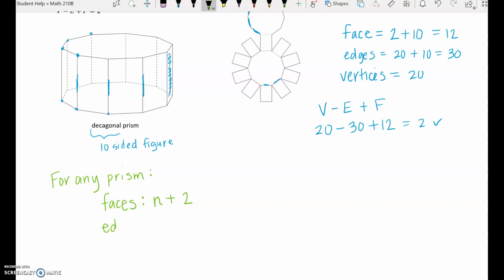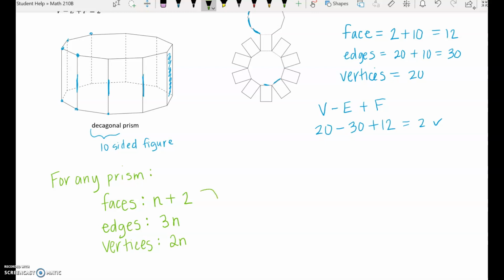The number of edges is going to be 3 times n. I've got n of them along the bottom, n along the top, and then n along the sides. And in the example we just had, we had 10 on the bottom, 10 on the top, and 10 on the sides. And then for the vertices, we're going to have 2 times n. I had 10 on the bottom for vertices and 10 on the top.